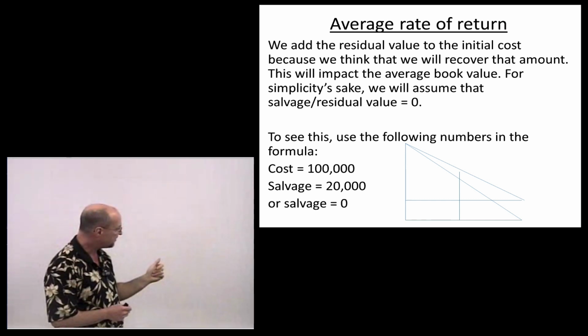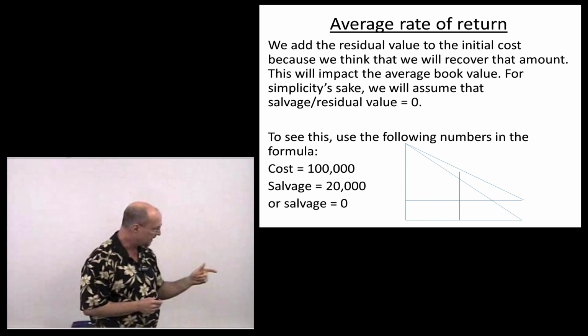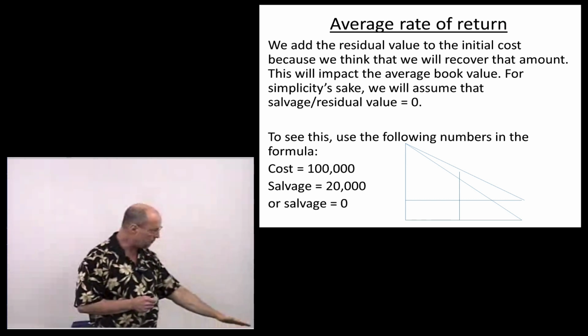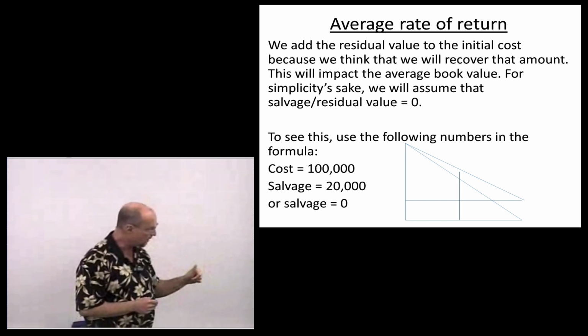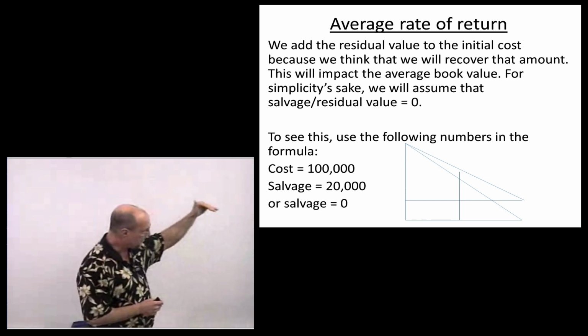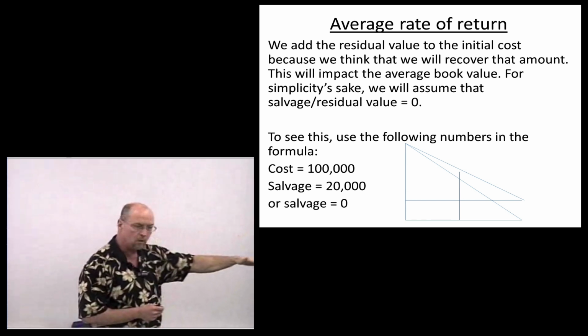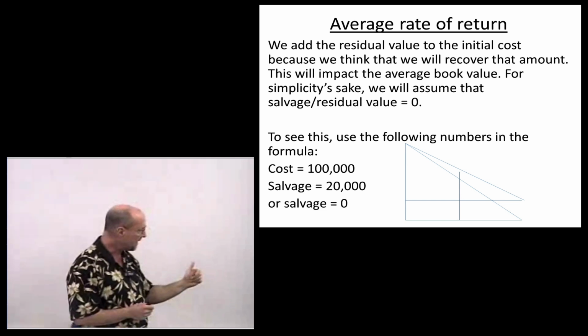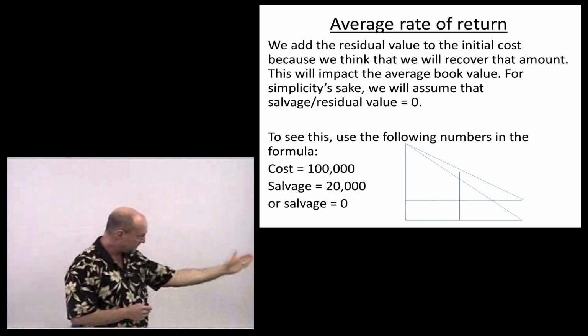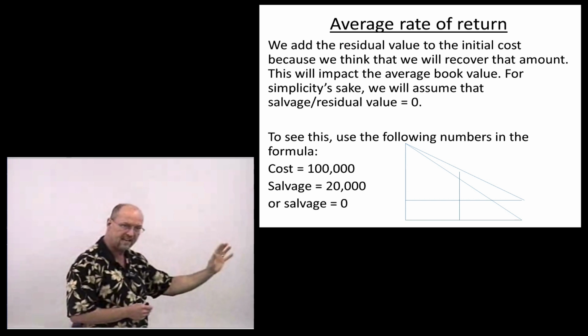If the salvage value is $20,000, the bottom of the graph would be 0. That second line is 20,000. Notice that I draw a straight line from the beginning of the investment cost at 100,000 to the end of its useful life, where we'll recover 20,000, and then I bisect the horizontal axis to the halfway point at the midway point of the asset's life.